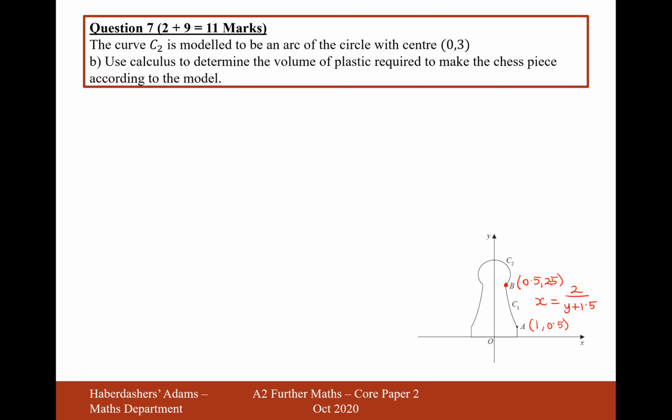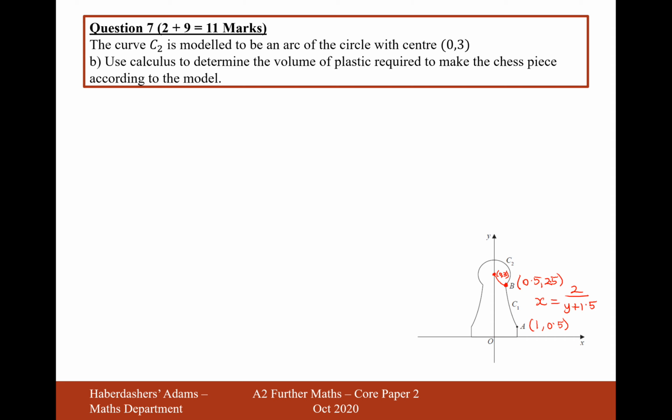Okay, so the curve C2 is modelled as an arc of a circle with centre (0, 3). At the moment the height is 2.5, and the height here is 3, so this is coordinate (0, 3). So therefore the radius of this circle must be the distance between the centre of the circle and (0.5, 2.5).